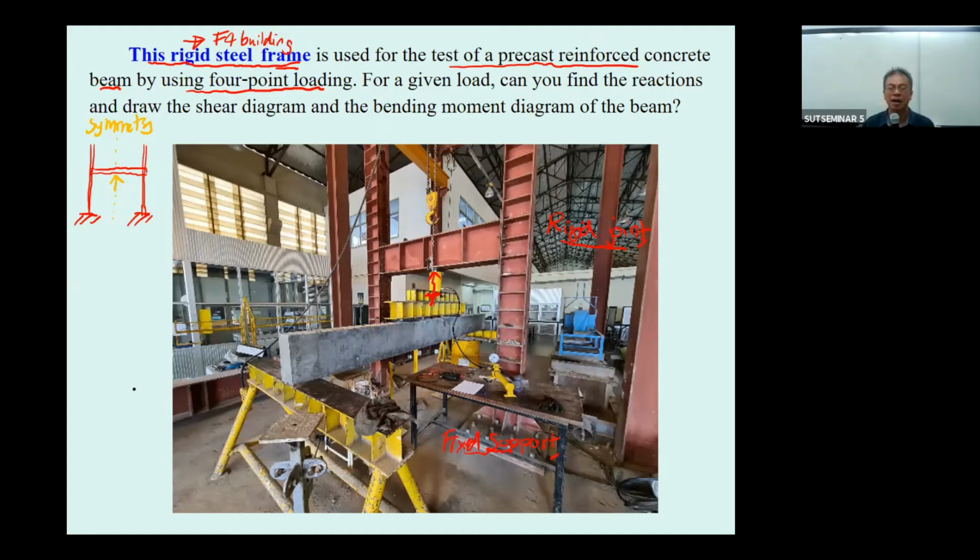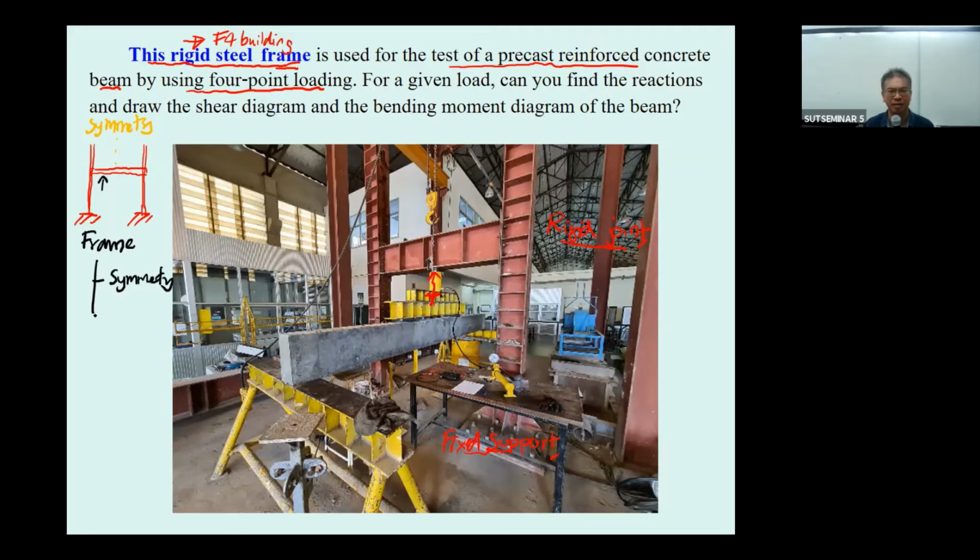But if somehow the load changes position, not at the middle of this frame but outside the symmetric axis, such as this one, this frame is not in symmetry. So typically we separate it into the one that is not symmetry and the one that is symmetry.